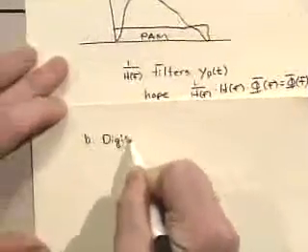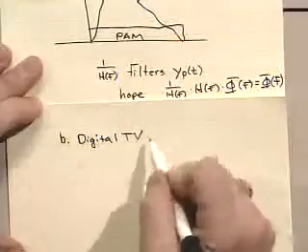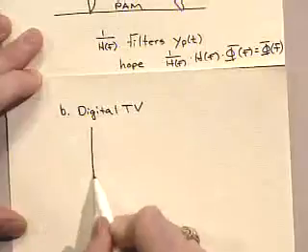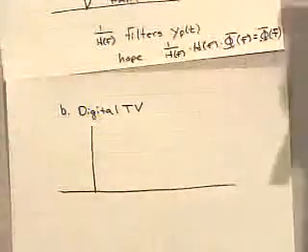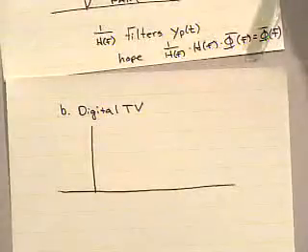Digital TV doesn't usually conjure up this image of a channel that's not flat. You say, well, analog TV transmits there. It's wireless spectrum.